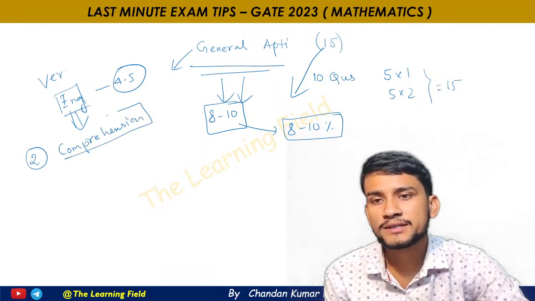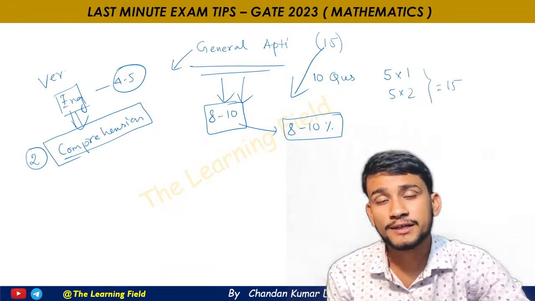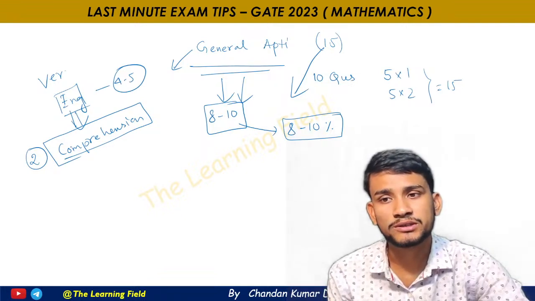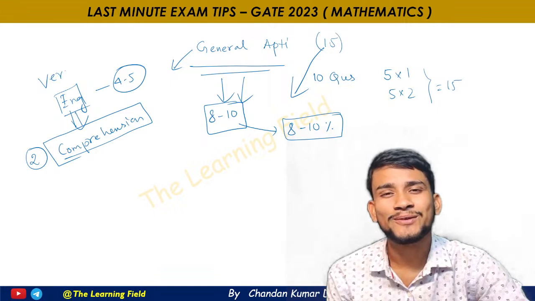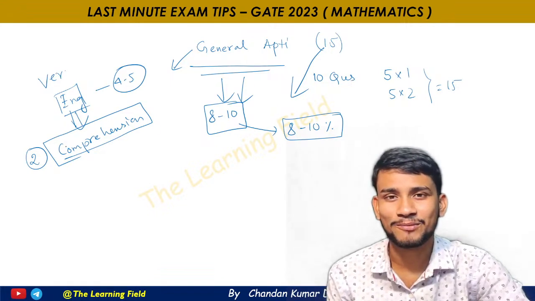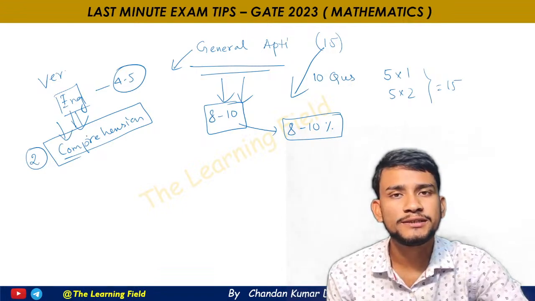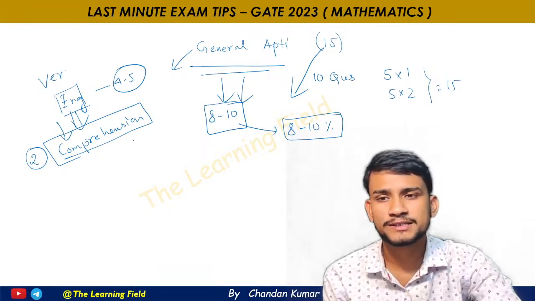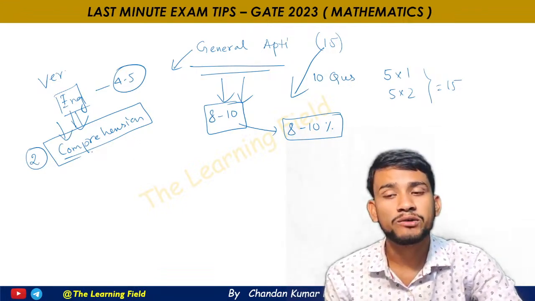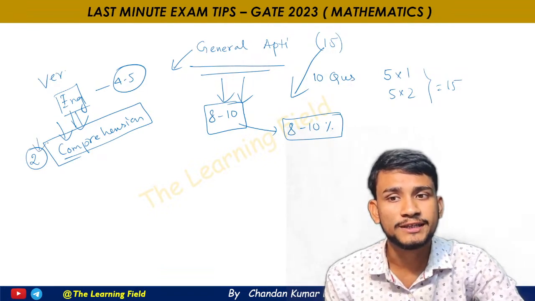This comprehension question is very easy, and we can solve it without knowing the proper English spelling or meaning. If we read the passage 2 to 3 times, we can easily get 2 marks from the English comprehension section.